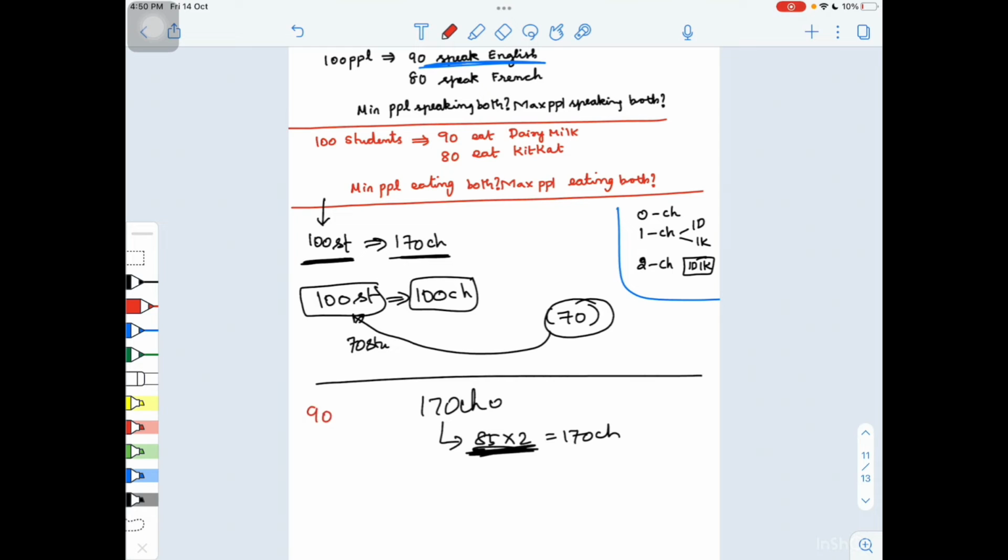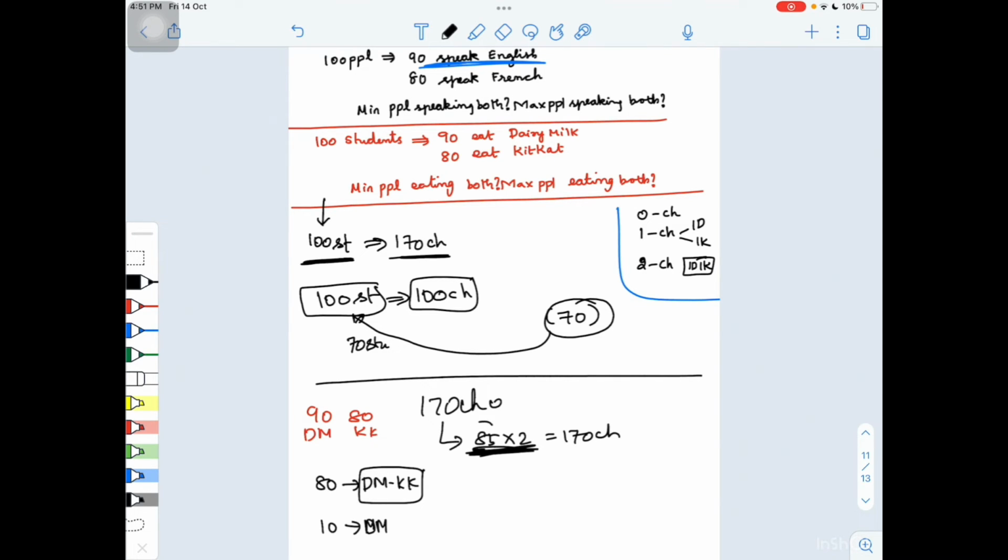So let's say there are 90 Dairy Milk and 80 Kit Kat. From this I can see that I would have taken 80 Dairy Milk Kit Kat pairs. After I have taken 80 pairs, what is left? I am left with 10 Dairy Milk.